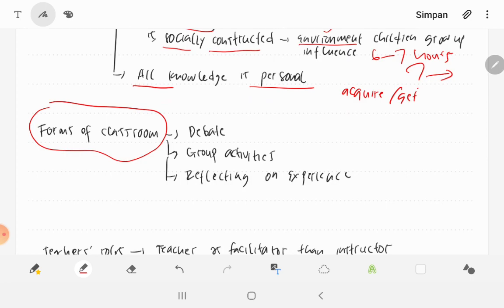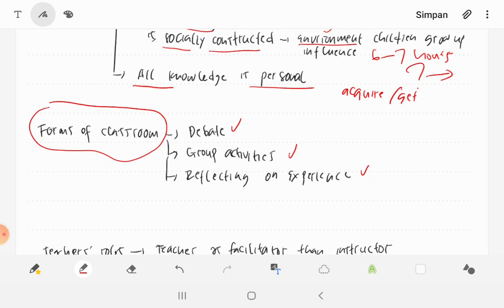A constructivism classroom is identified by debate, group activities, and reflecting on experience. So the way we analyze it, we know the kinds of classroom by the approach and the method used. We can look at the way the teacher appreciates the student.